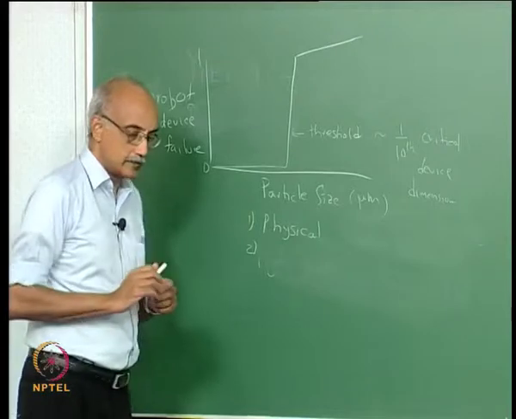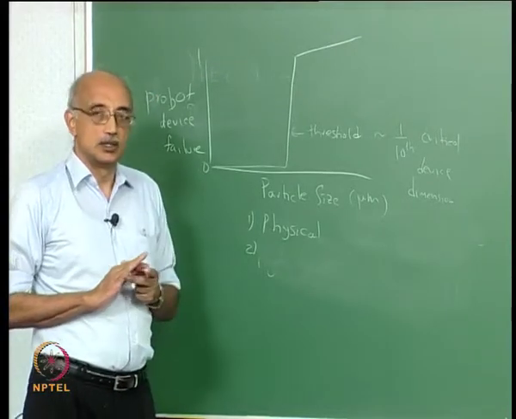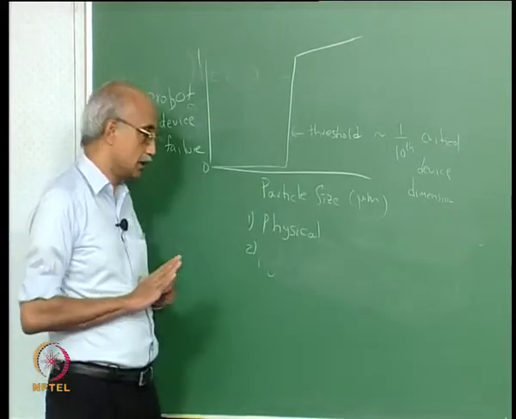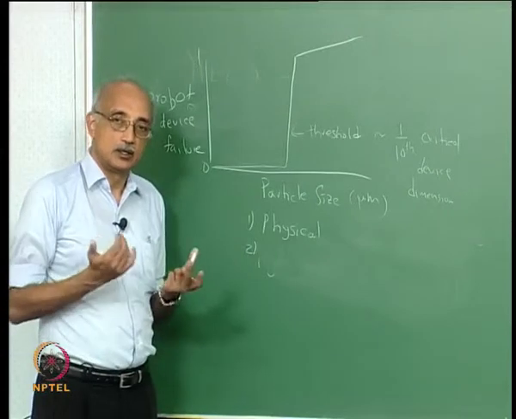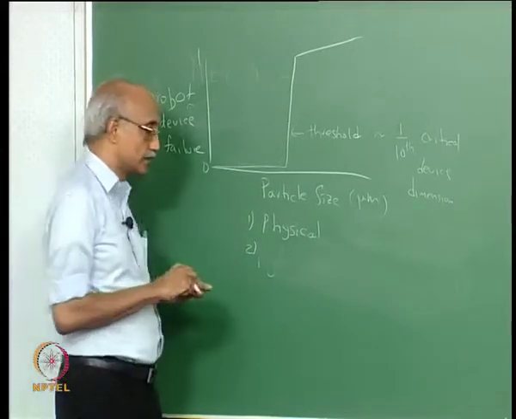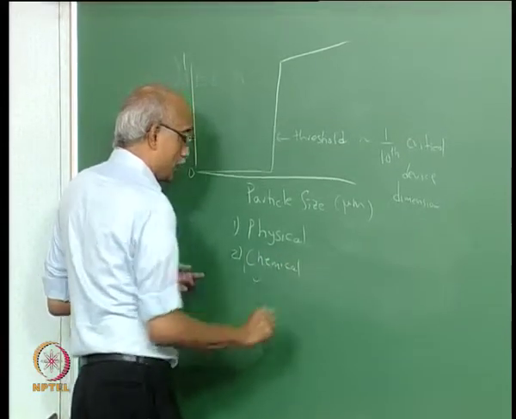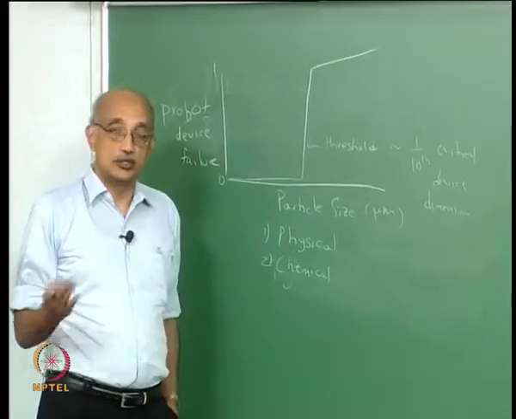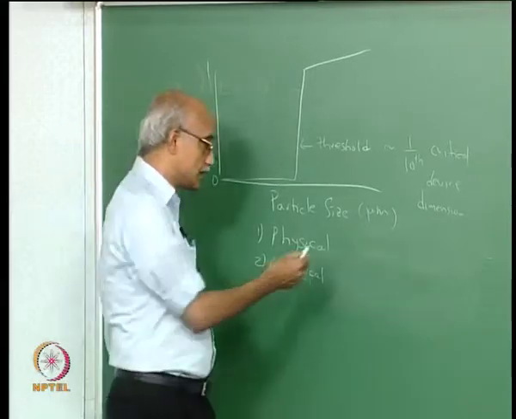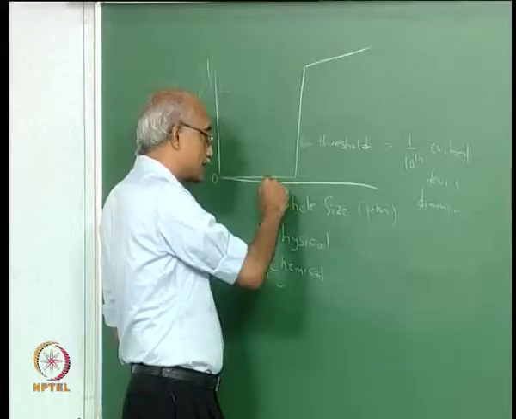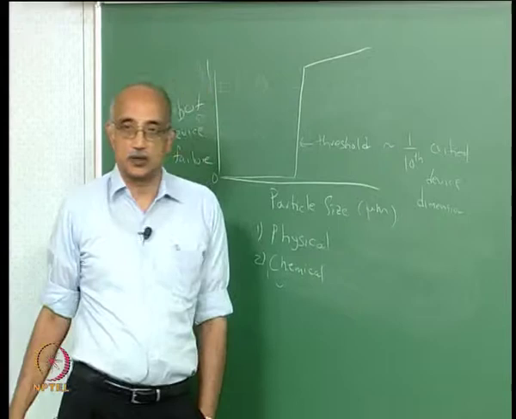But on the other hand, if you look at actual failure mechanisms, it can be very, very different. I mean, there can be certainly chemical interactions. So if you look at all possible ways in which failures can be induced by particles, physical interactions will essentially give you a signature that looks like this.